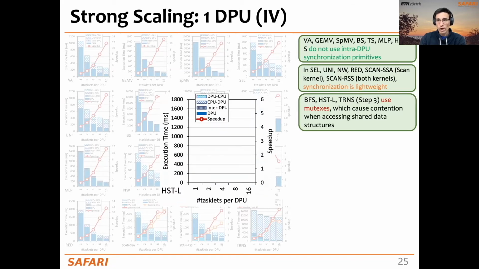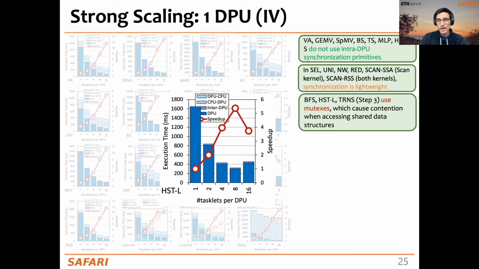For example, for one of the versions of the histogram calculation, we can observe that the lowest DPU kernel time occurs for only 8 tasklets. So that's the case where we obtain the highest speedup.